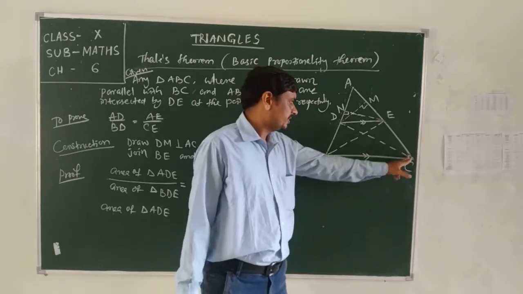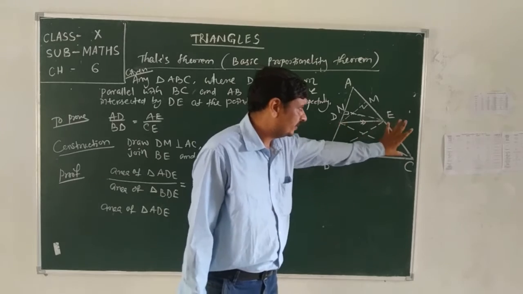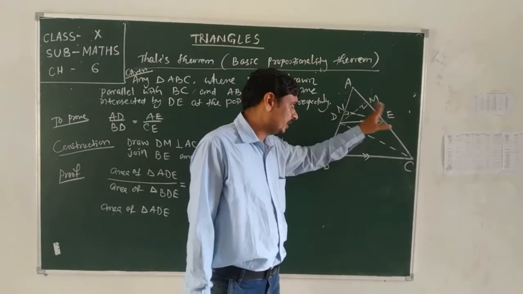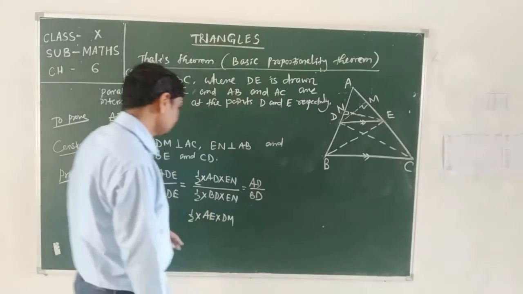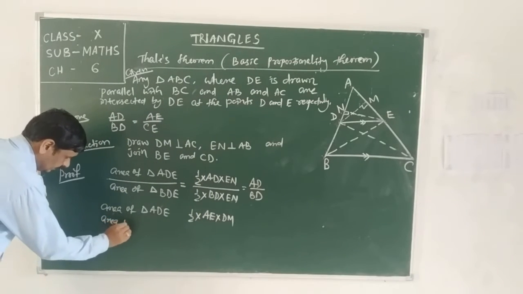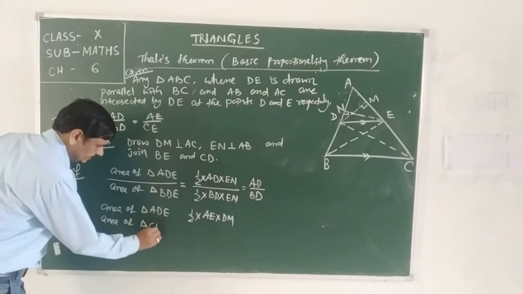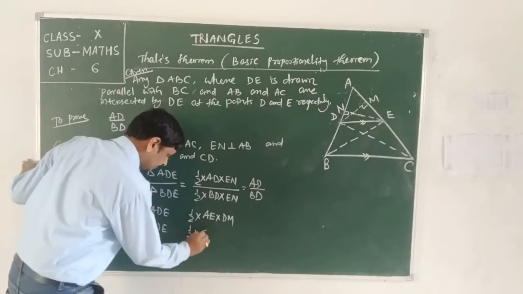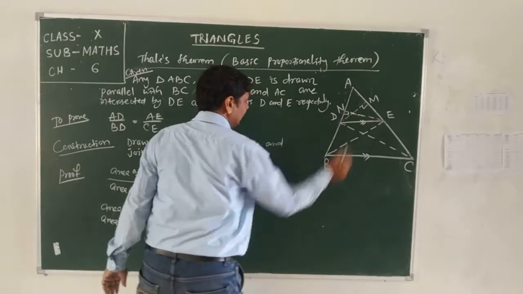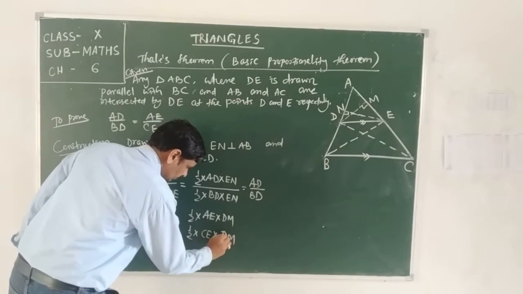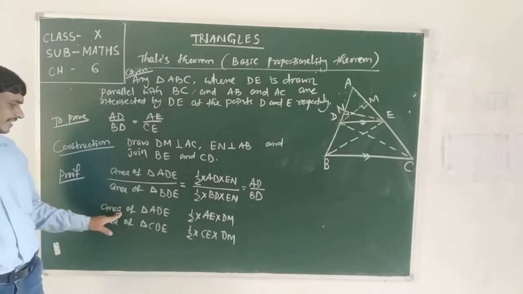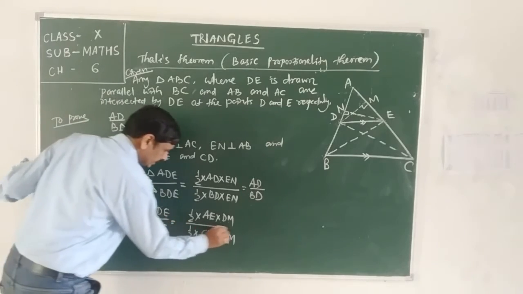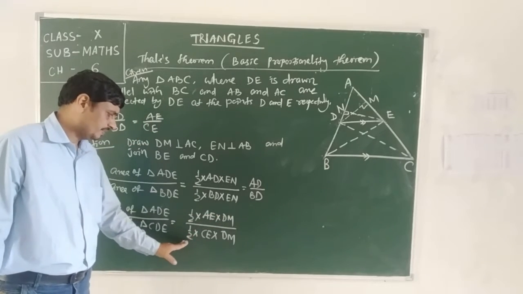Now the ratio of area of triangle ADE and area of triangle CDE becomes half into AE into DN to half into CE into DN.